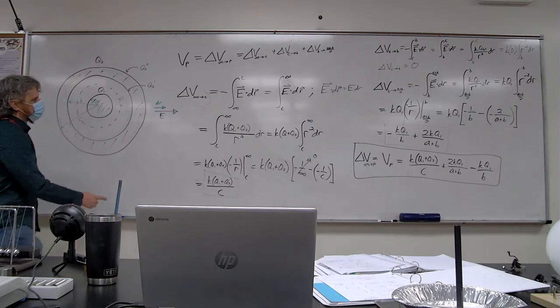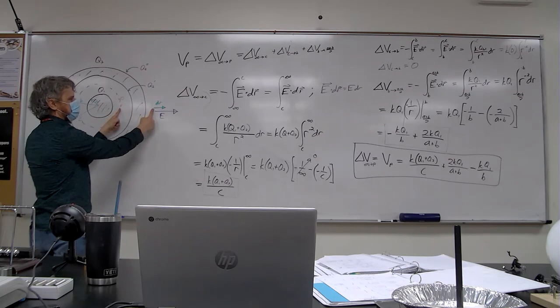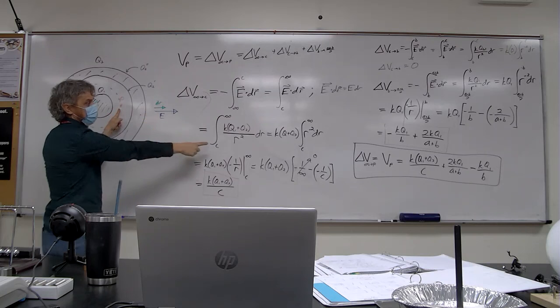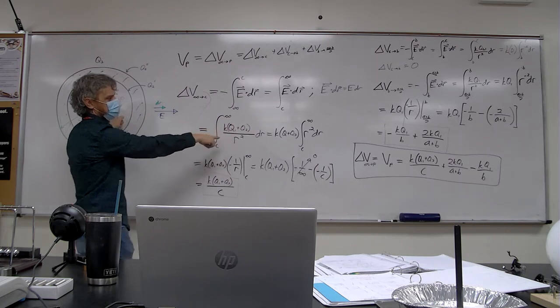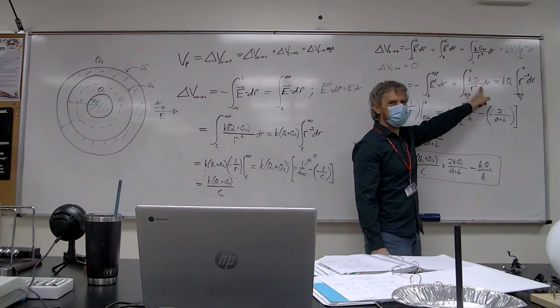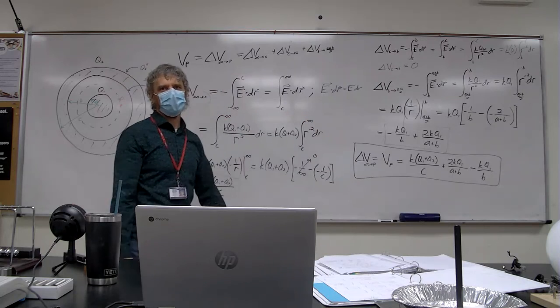If this distance here was the same as this distance here, the potential here is going to be higher than this because the potential here is due to Q1 and Q2. If R is the same, then this potential is going to be larger. But obviously when you get farther out here, it's going to go down.